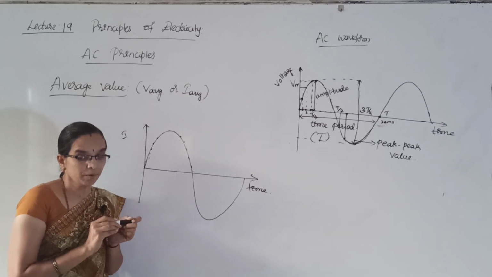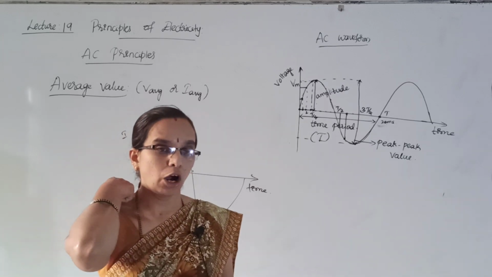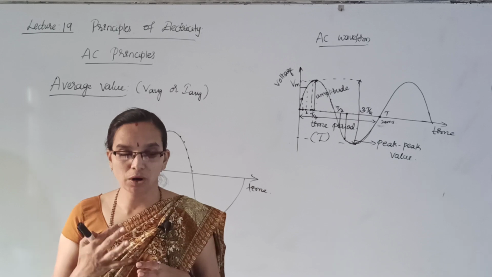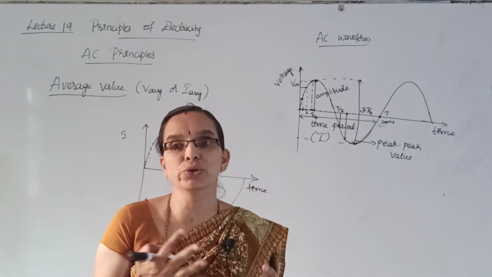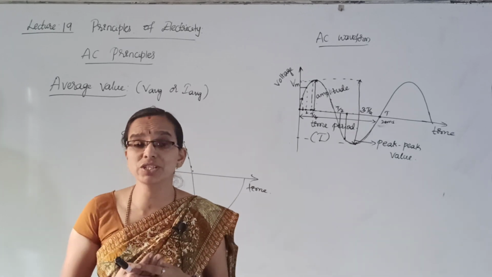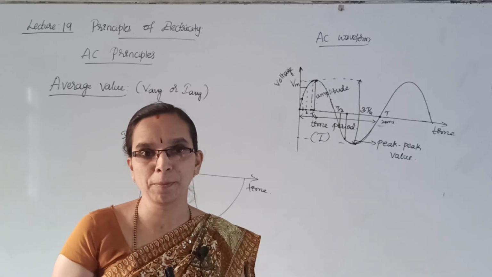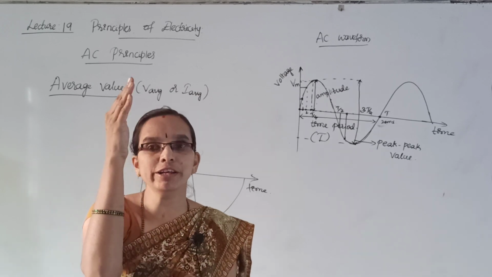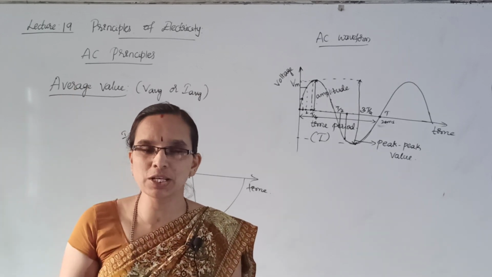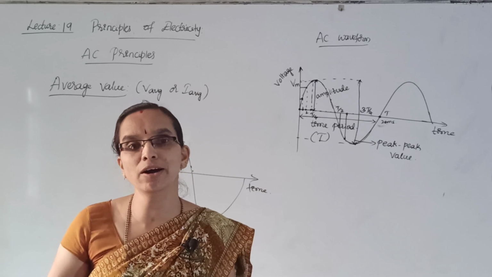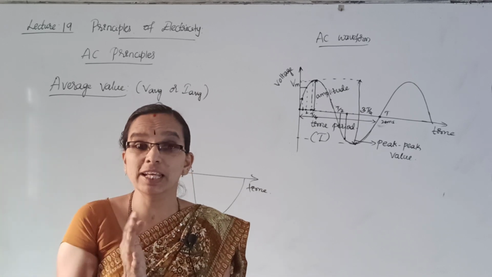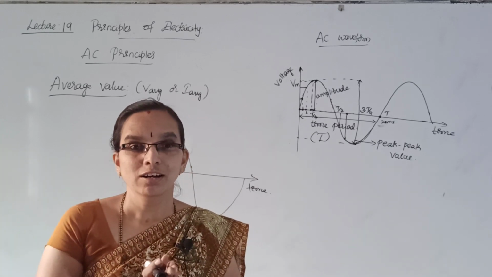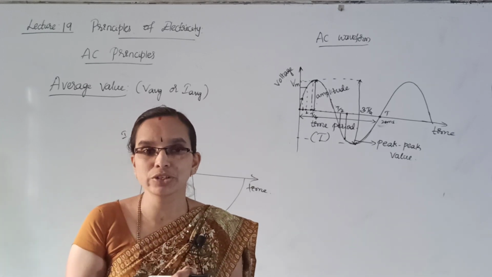See, if somebody asks you how much power will be dissipated when you use your iron box, or what is the efficiency of your iron box, what will you tell? 0 to 325 volts and again coming back to 0 and again a negative peak of 325 volts, you cannot explain like that, no. You have to tell one reference value.